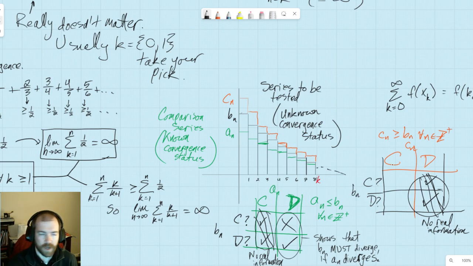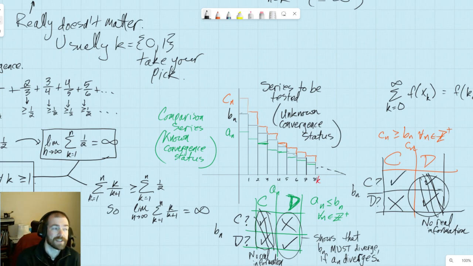If C sub n converges, can B sub n diverge? Well, again, B sub n is always smaller than C sub n. So if C sub n converges, how could B sub n diverge? The answer there is it can't. It's not possible. And likewise, if C sub n converges, B sub n could also converge.